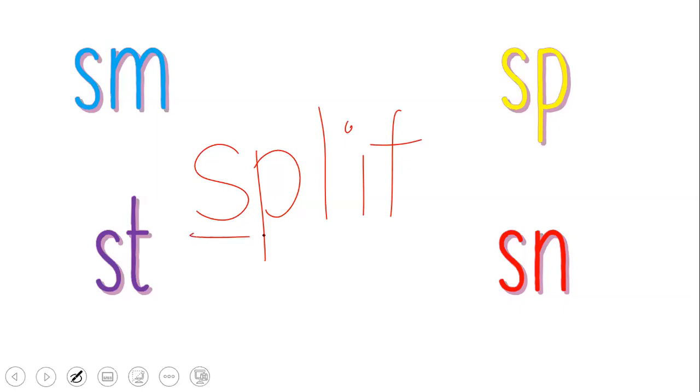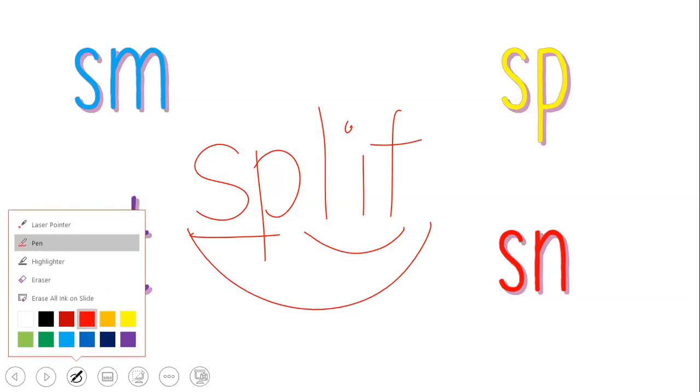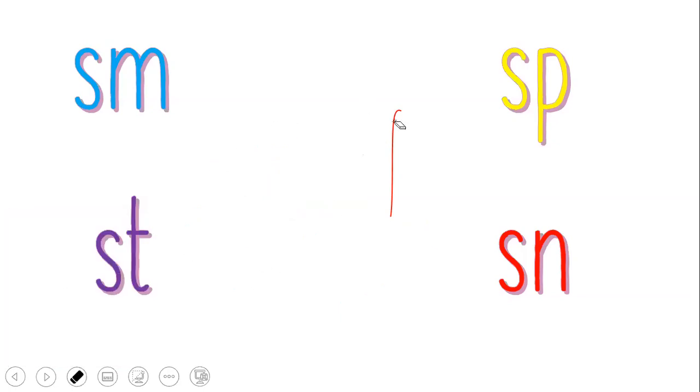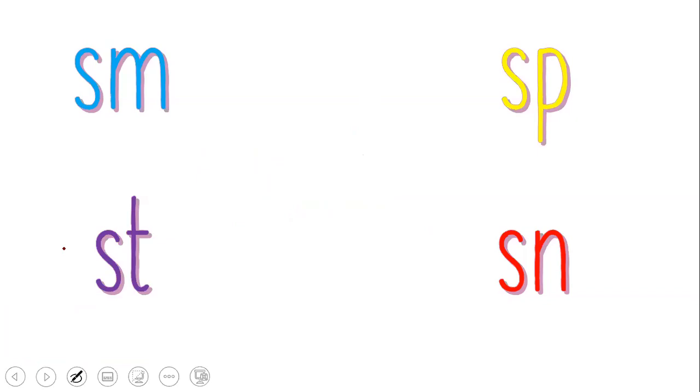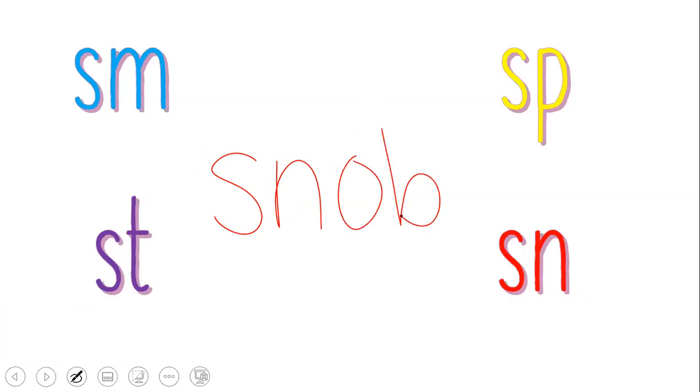So now I have split, okay? And we'll get one more for our spelling. Let's do the word snob. So we hear the sn, and we know that ob is the OB family. So now we have the word snob.